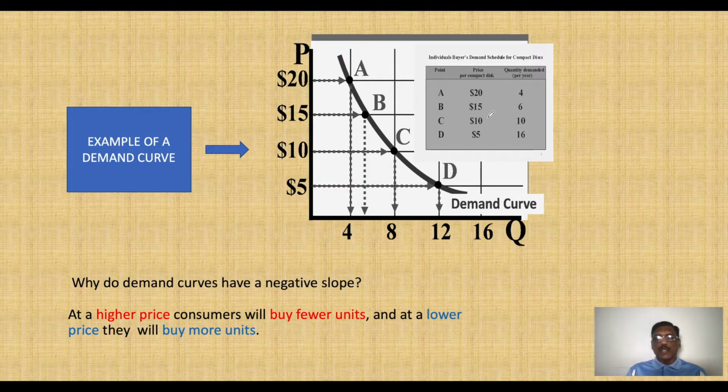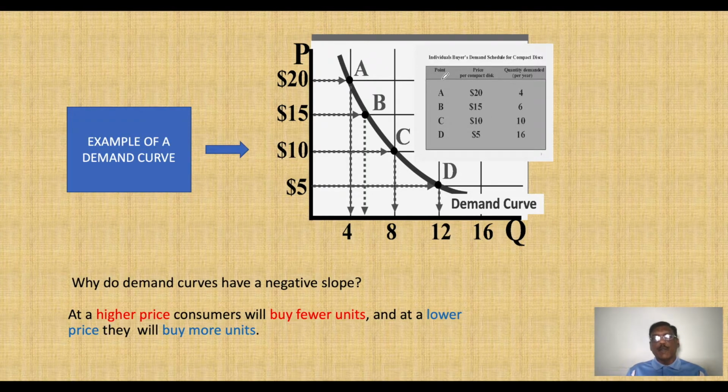And when the prices go down further, the quantity demanded increases. And of course, at $5, the quantity demanded is 60. So what can we see here? When the prices go down, the quantity demanded is greater.